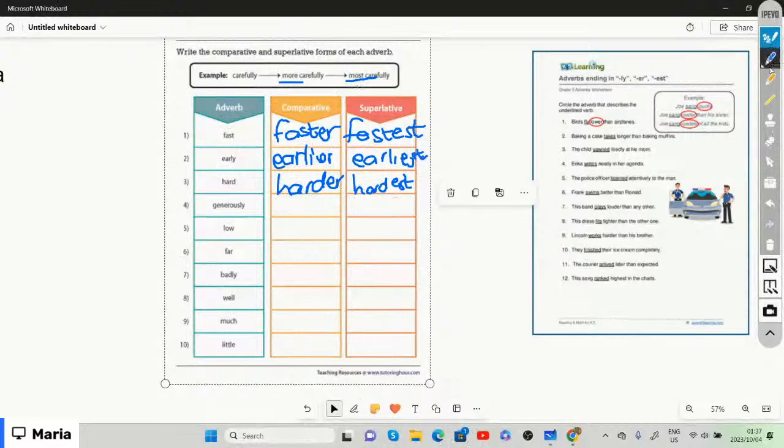We try to write very small. And if we write that very same word in the superlative form, we can say most generously.